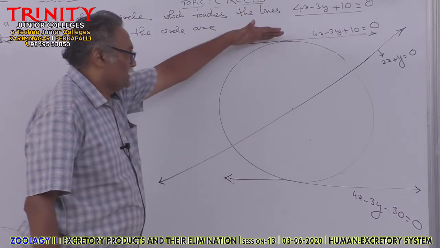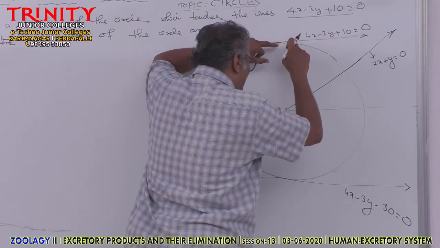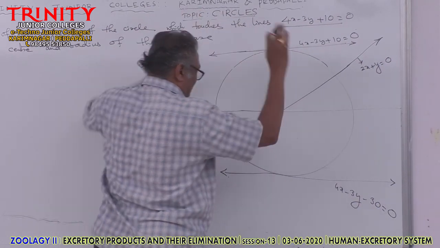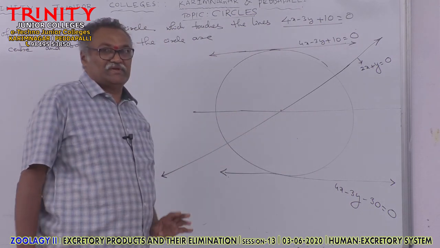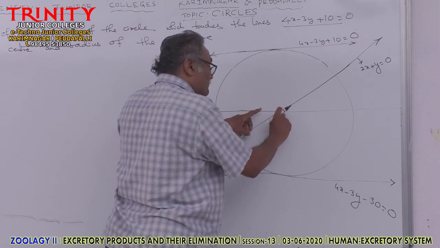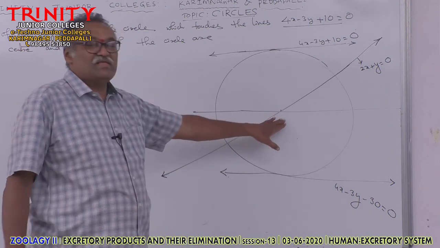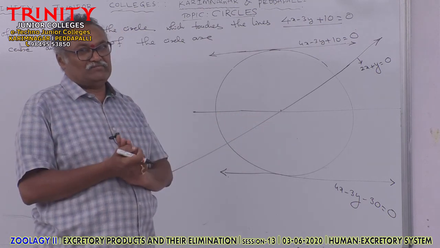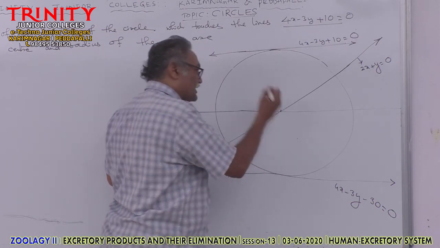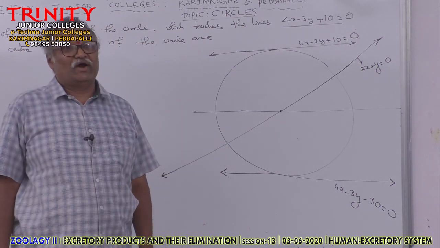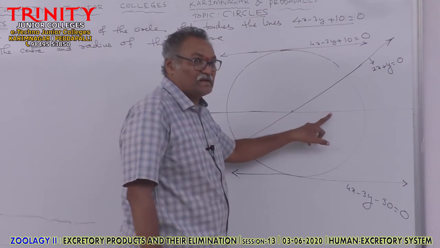Now, the middle line is parallel to these two lines and equidistant from them. It is the midline parallel to these two lines, and it passes through the center of the circle. First, we have to find the equation of this middle line.